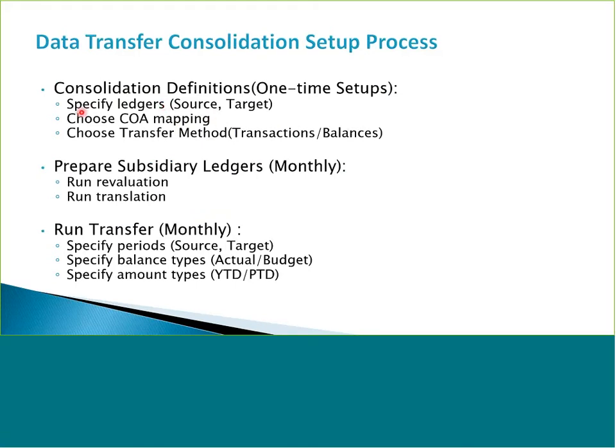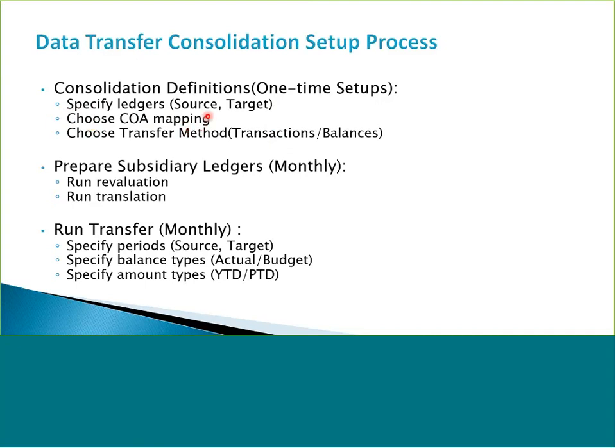So in the case of the chart of accounts, supposing the subsidiary has a 4-segment chart of accounts while the target has a 5-segment chart of accounts, we need to tell the system how information from the source to the target will be mapped, meaning what segment in the source ledger will be mapped to what segment in the target. Okay, so that is what it means by choosing a chart of accounts mapping.